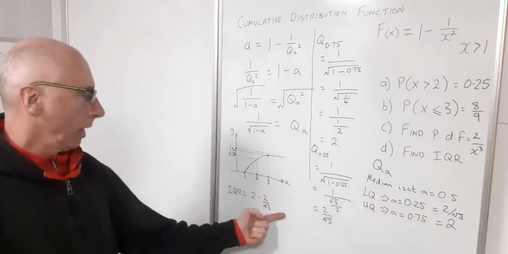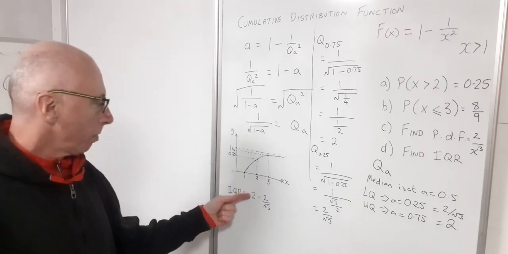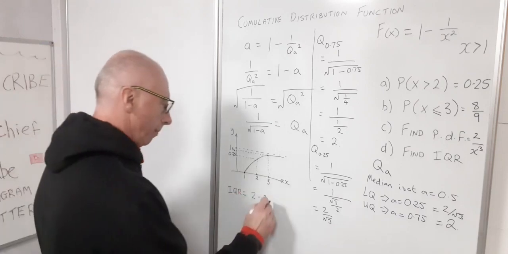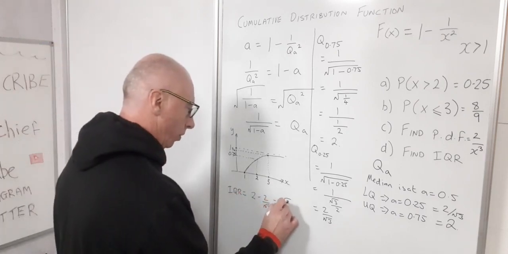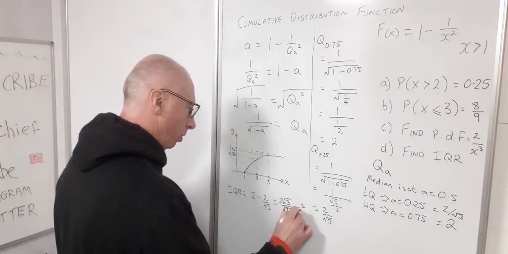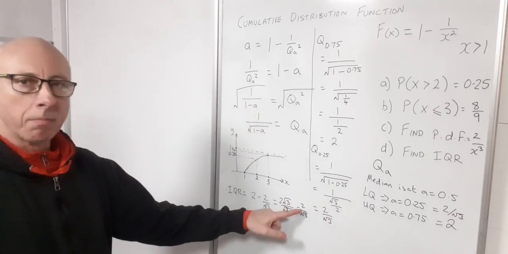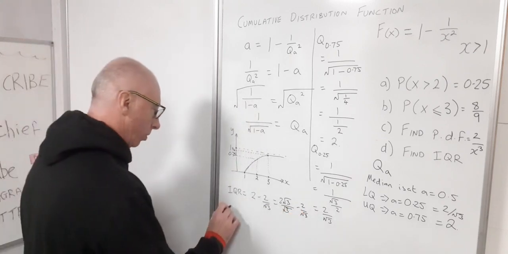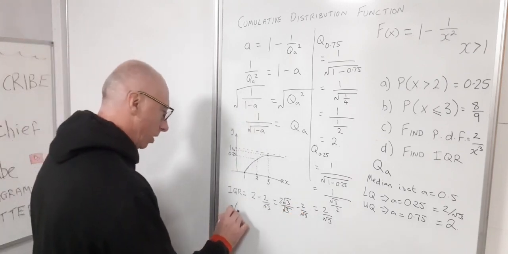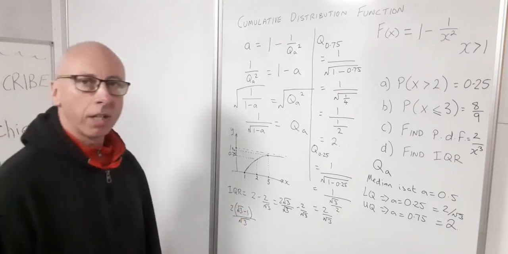Okay, that could be fine as our answer, but we can do better than that. Multiply top and bottom of this by the square root of 3. We've got 2 root 3 over root 3 minus 2 over root 3. So 2 root 3 minus 2. So now I've got 2 multiplied by root 3 minus 1 all over the square root of 3.